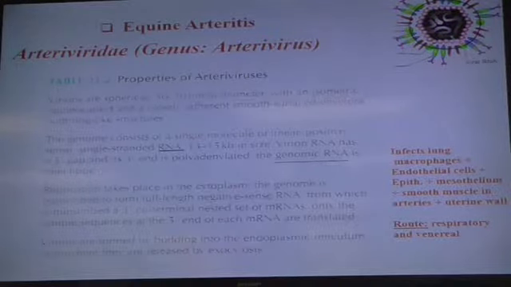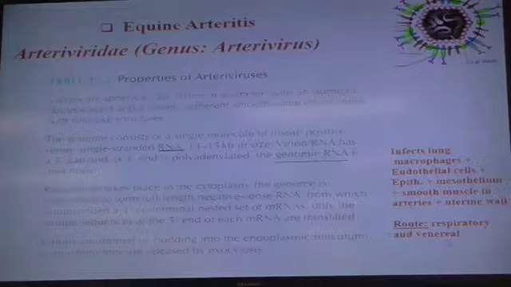So, equine arteritis belongs to the family Arteriviridae. It's an RNA virus, hence the problems. The main routes of transmission, which are helpful in guiding us towards the lesions or the pathology, are respiratory and venereal.